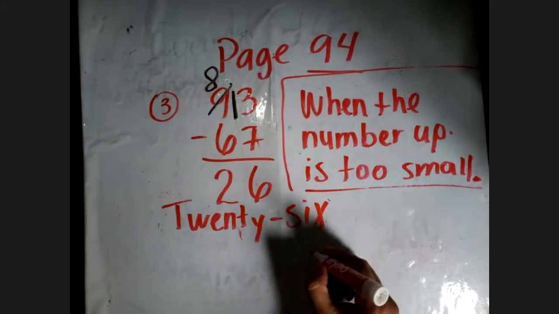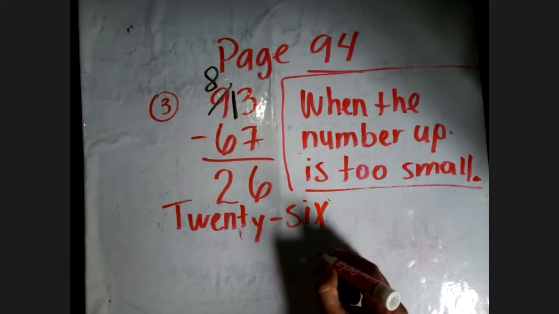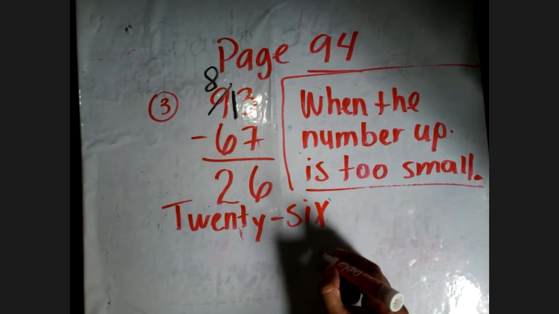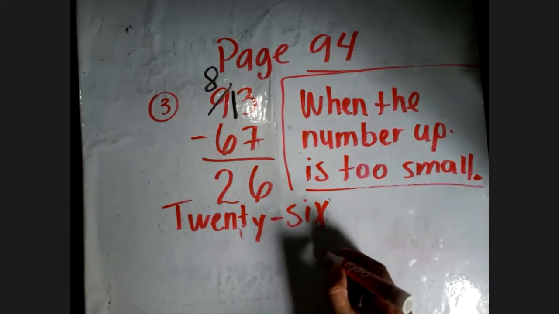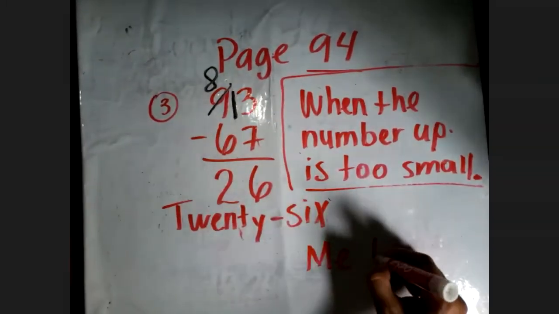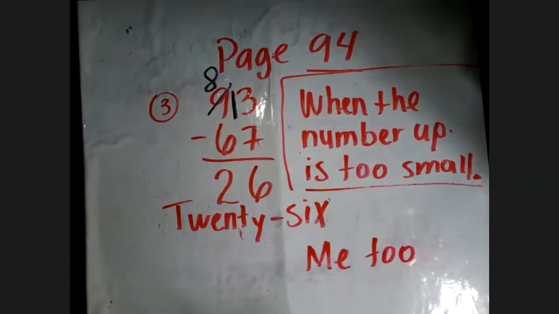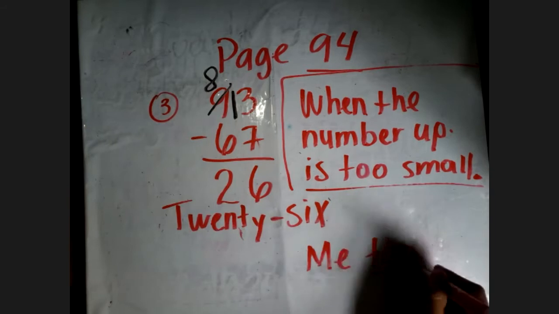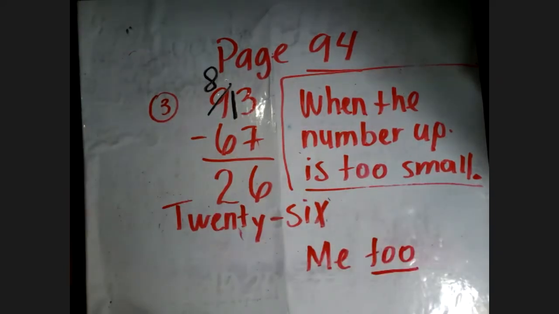Por eso, por ejemplo, imagínense que Leah me dice, Mister, I have a dog. Right? And then I will say, oh, Leah, me too. Me too, Leah. Yo también, me too. Aquí el too significa también.